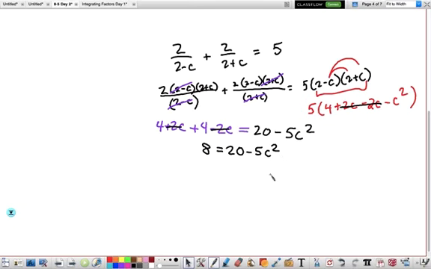Now solve. Add the 5c squared, subtract the 8. And let's see, divide by 5 and take the square root, right? Divide by 5, take the square root.